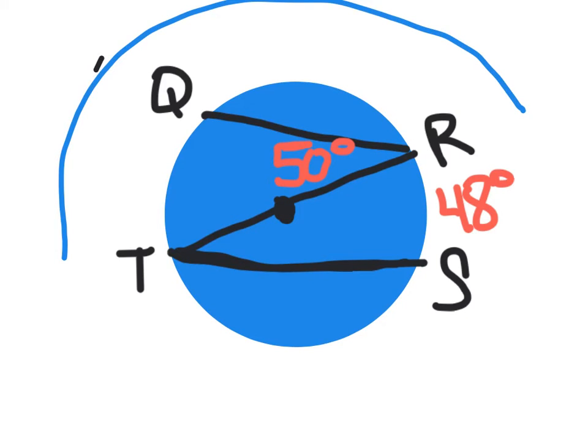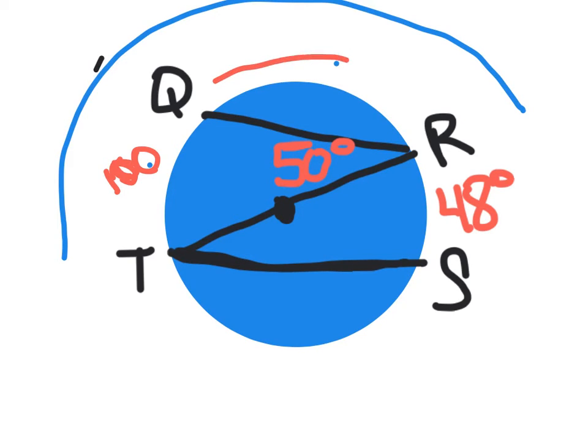And we know that these 2 pieces right here have to add up to 180. Now, if I use my formula, I can take angle R and times it by 2. So 50 times 2 is 100. So that would be the arc measure right here for QT. This is 100 degrees.